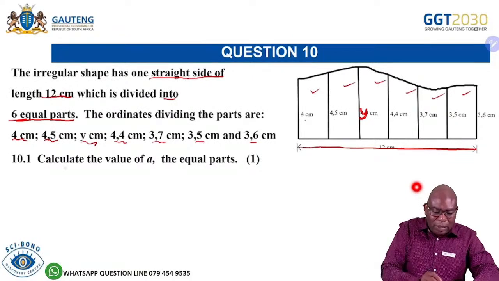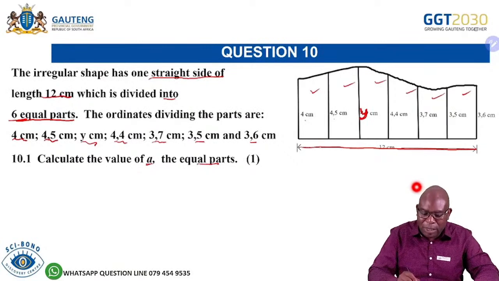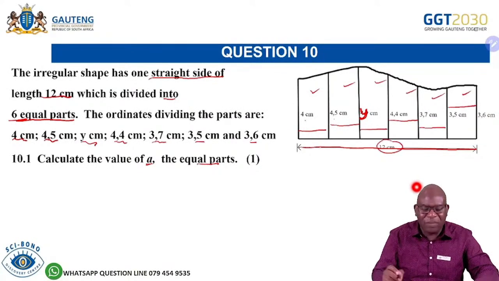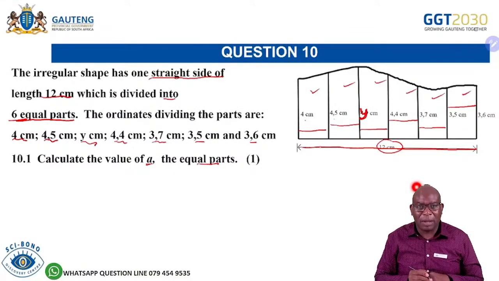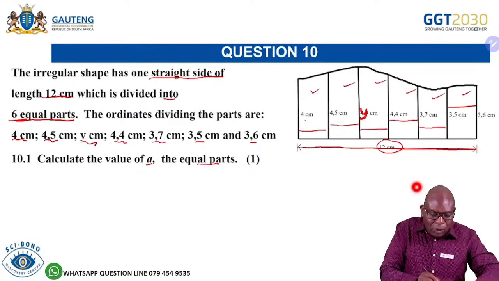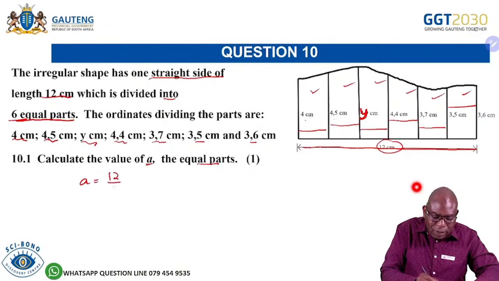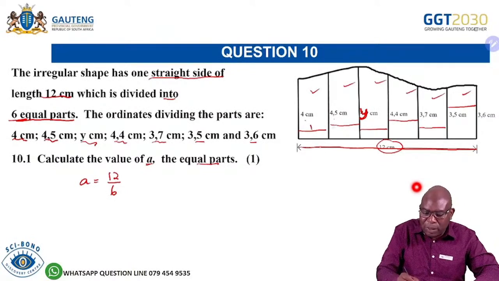So now it says calculate the value of A, which is the equal parts. You see, these parts are equal. But we say the length is 12. Simple mark. Everybody must get this. So I'm going to say A is equal to 12 divided by 6 parts, because I've got 6 parts: 1, 2, 3, 4, 5, 6.